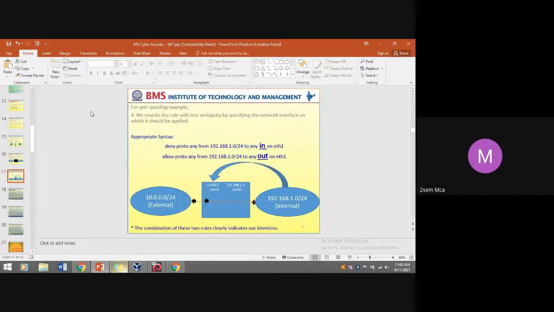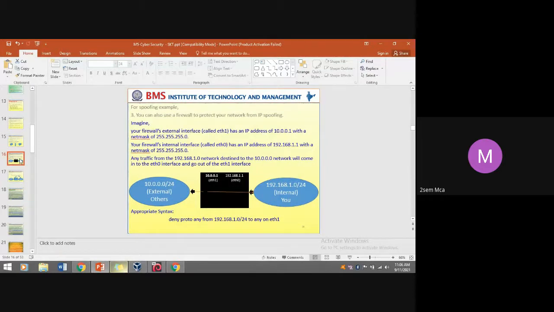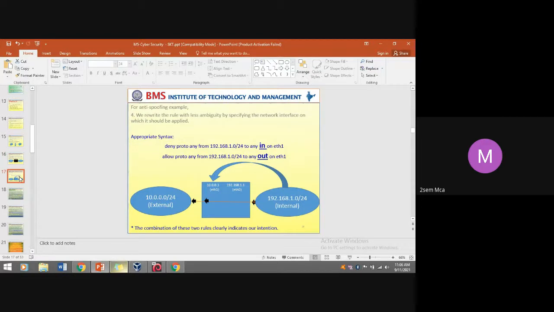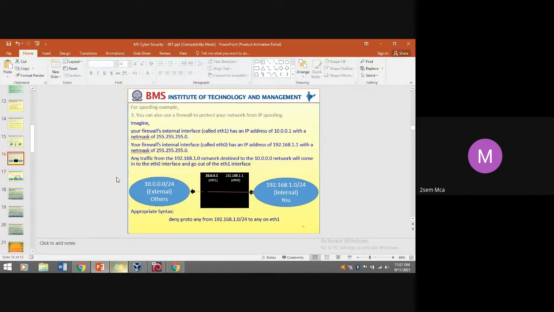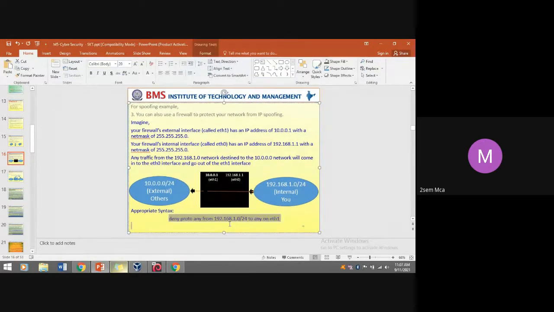Let's go with the anti-spoofing example. So this is spoofing, how IP is spoofed, and then how you protect from IP spoofing. In the anti-spoofing example, we rewrite the rule with less ambiguity. Please, if possible, take a screenshot of it, because this is required to discuss the next slide, especially this: deny proto any from your internal network to any on Ethernet 1.